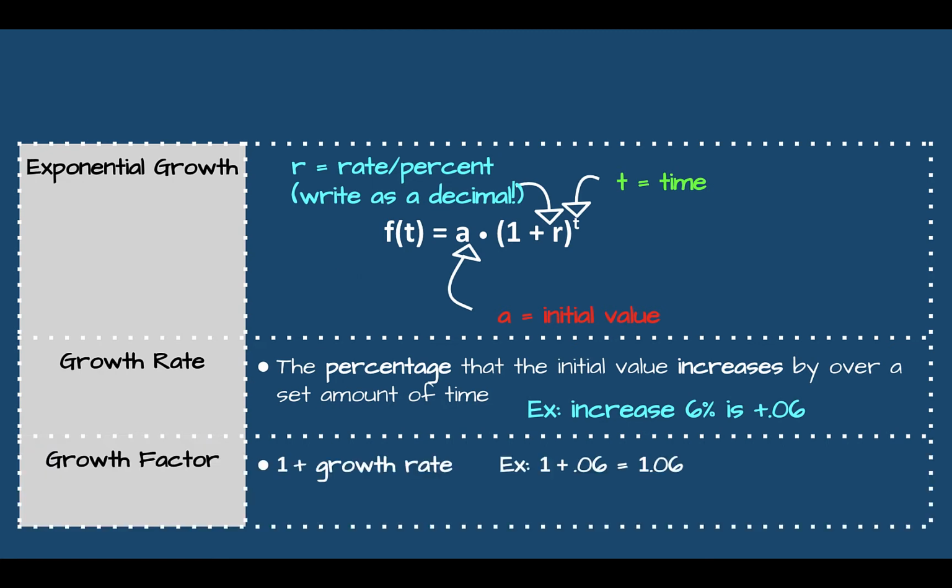This compares to growth factor, which is 1 plus the growth rate. So it's what's inside the parentheses there if you were to combine them together. So if we had an increase of 6%, 1 plus 0.06 would be 1.06. So 1.06 would be your growth factor, where 6% would be your growth rate.